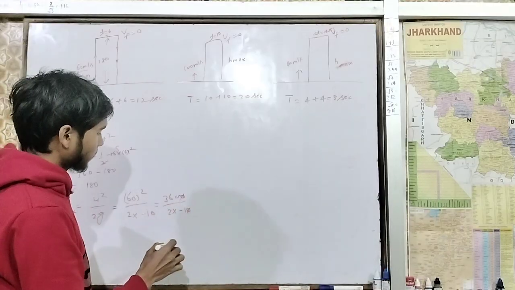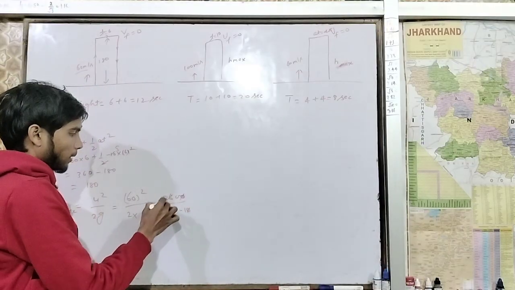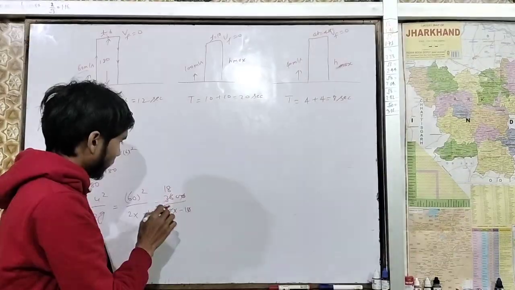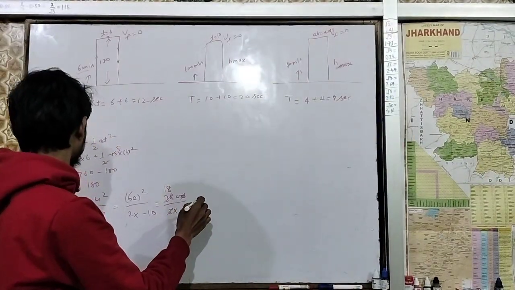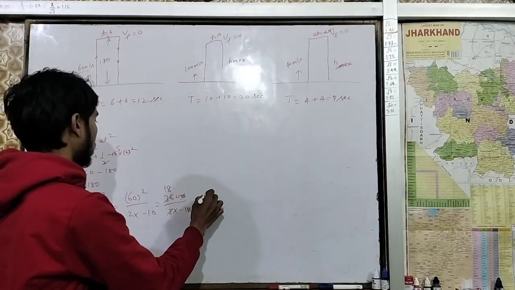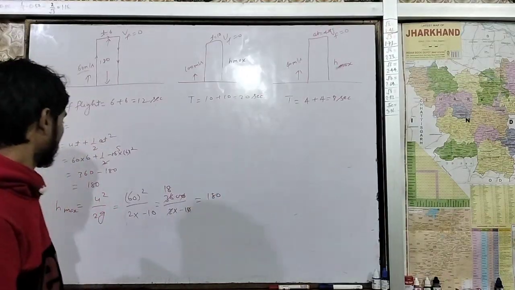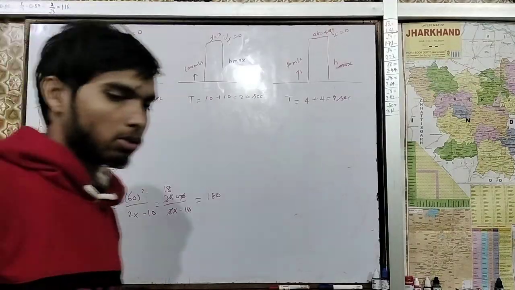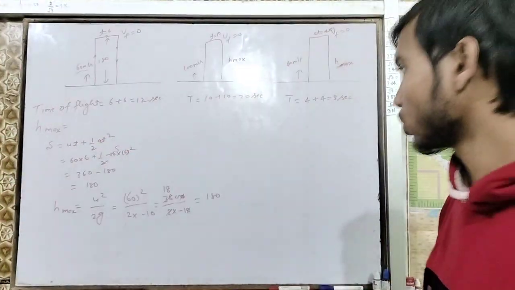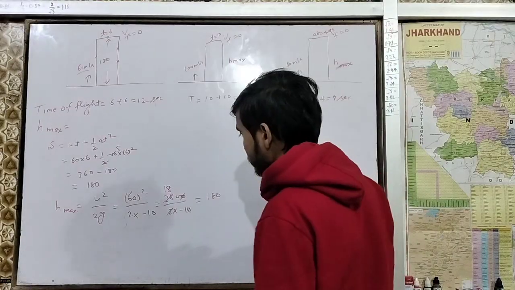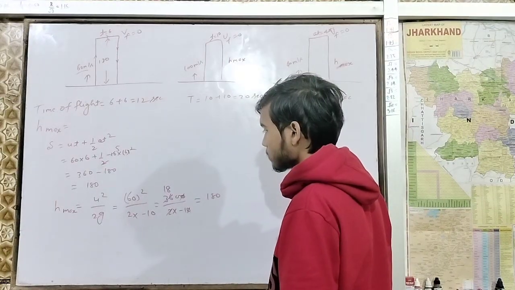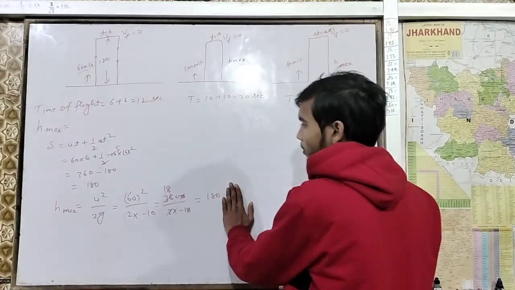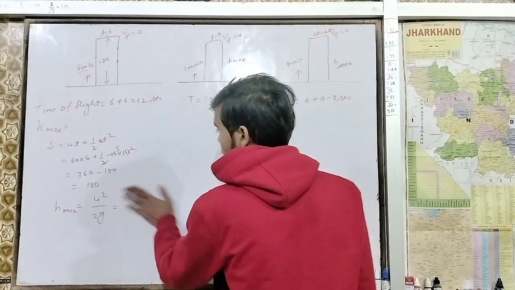This will cut, 18. Yes, we are getting 180. Either you can use this formula or this formula. This is your choice. U square by 2a.